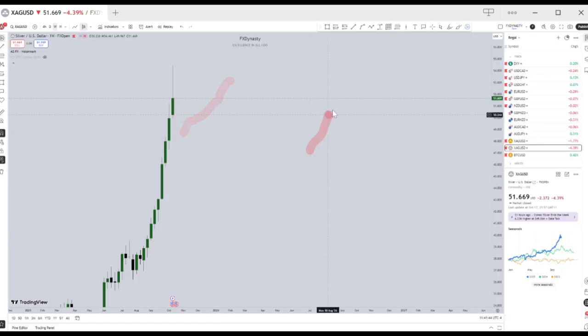Usually when gold is here, silver will be here. That is how they move. They don't move actually together. When gold is here, silver will be here. So there's tendency that silver might decide to drop before moving higher, or look for daily fair value gap here, drop, then move higher.